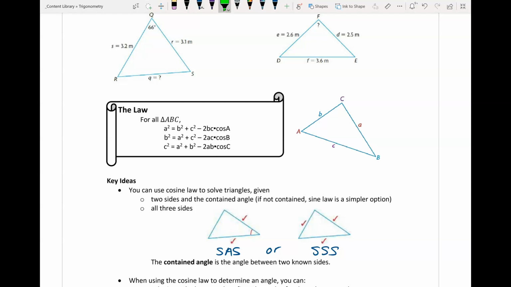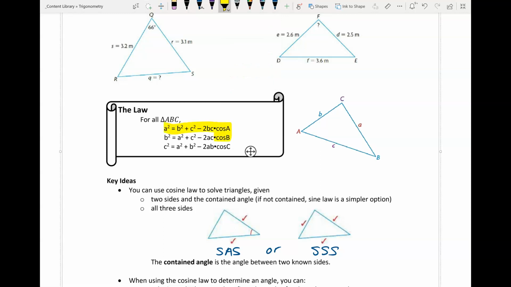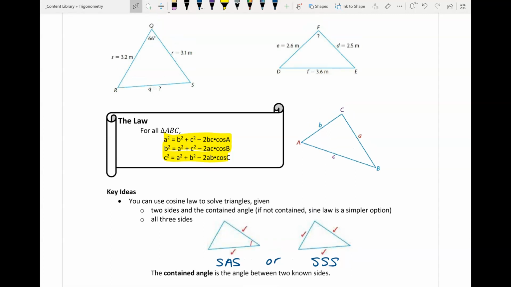So here's your cosine law. For some triangle with vertices ABC, you're going to use a squared equals b squared plus c squared minus 2bc multiplied by cos angle A. Now it really depends on what you're looking for. If you're looking for angle A or side A, you'll use this one.